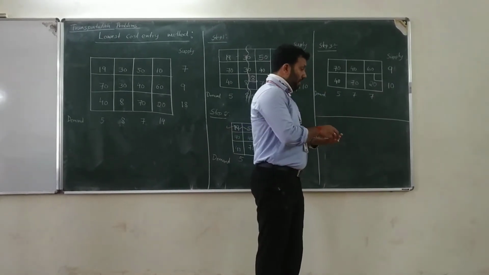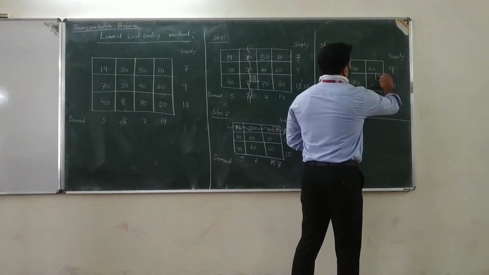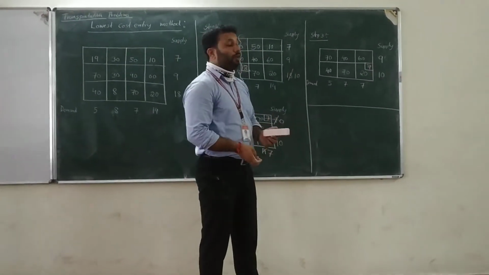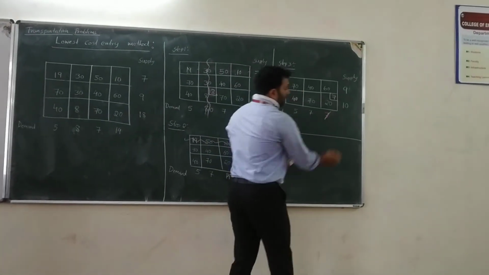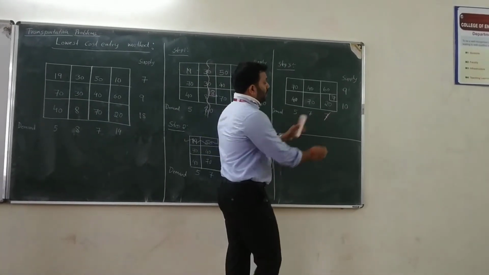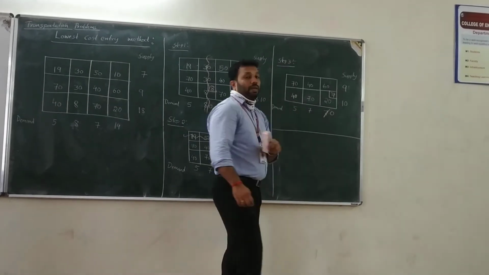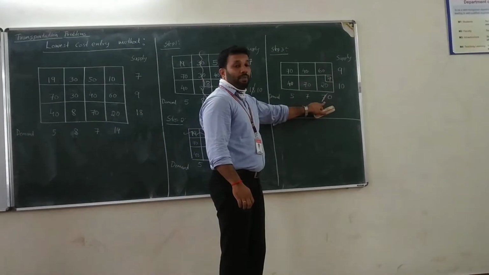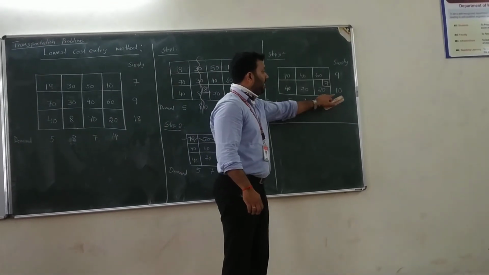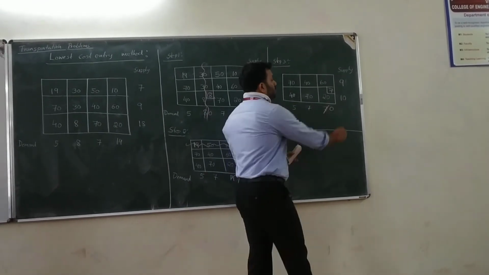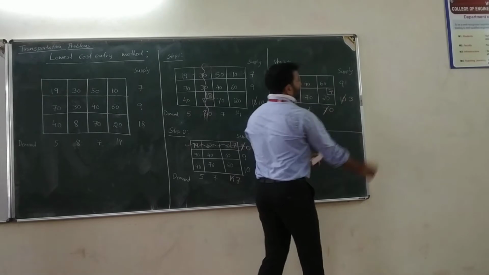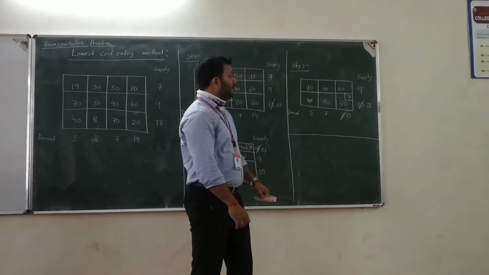That is why I am allocating 7 to this particular position. I have met the demand of the entire 7 units, so it becomes 0. Similarly, I have used 7 units of supply out of 10, so the remaining supply is 3.